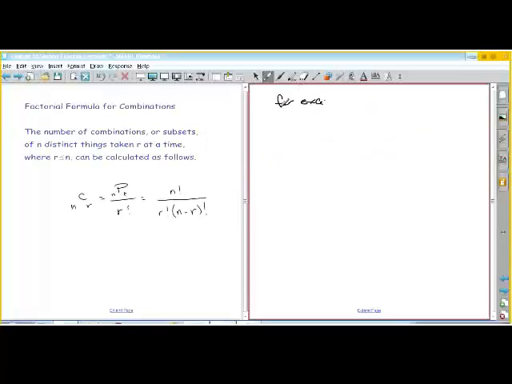So for our example, n is 10. That's the number of people we have to choose from. R is 3, the number of people that we're putting in our committee, our subset. So we write it out as 10 things taken 3 at a time in combination, and it's going to be equal to, we use this formula, 10 factorial divided by R, which is 3, so 3 factorial.